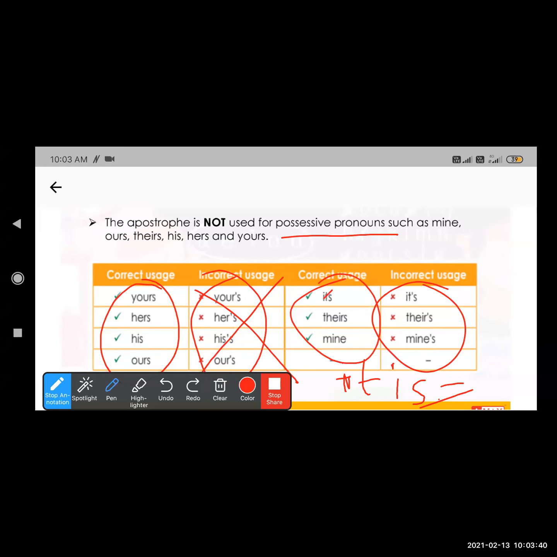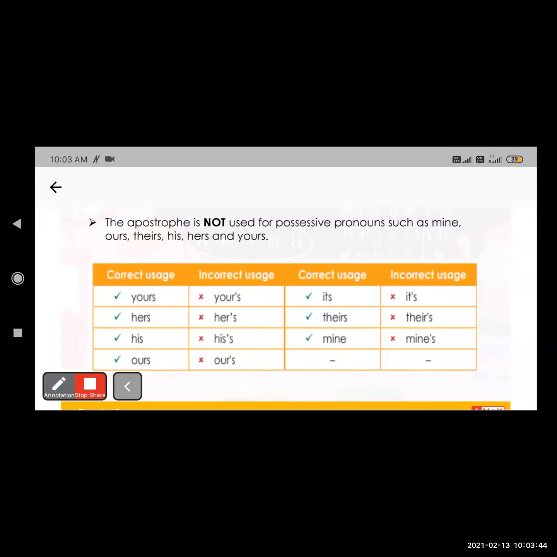They are written as they are and they show the belongingness. Both show belongingness, but one is used in place of a noun to show possessiveness, and the other is used with a name, like this is Rina's pen.